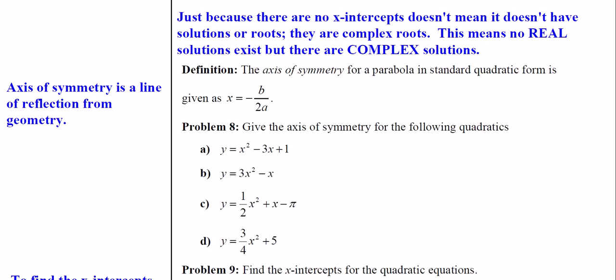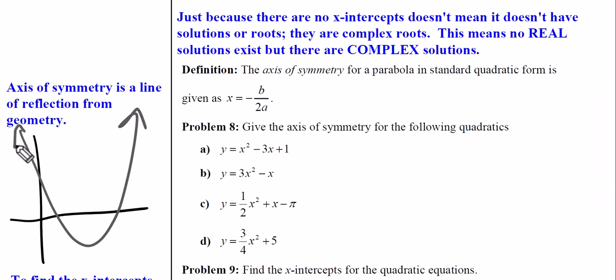Our final topic for quadratics and for parabolas in this particular case is something called the axis of symmetry. What the axis of symmetry is, well, if we have a parabola, here's a parabola. You know the vertex is right here. If I were to draw a dotted line down through the vertex, it cuts the parabola in equal halves.